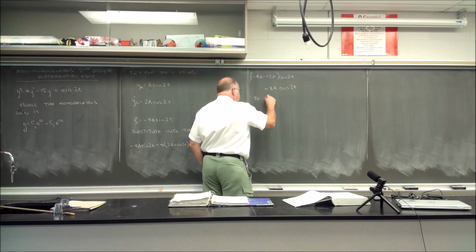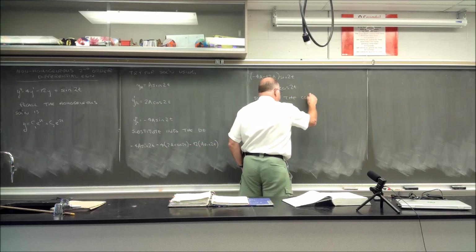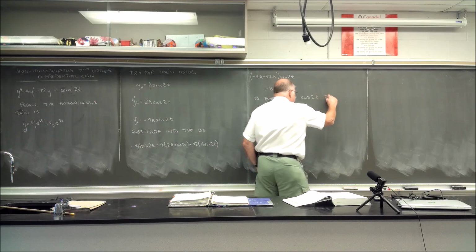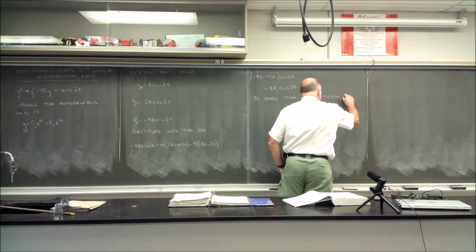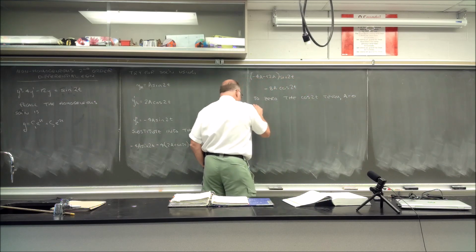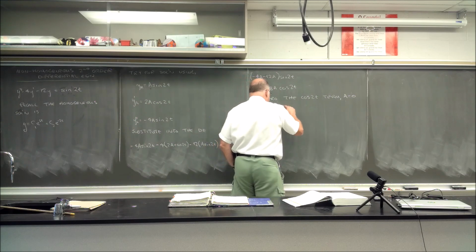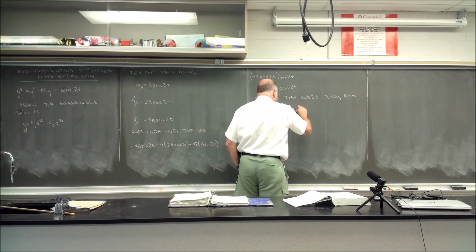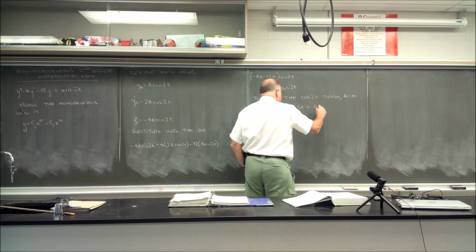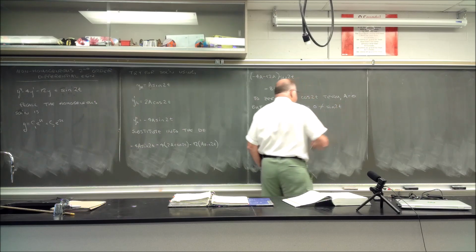Setting the cos 2t term to zero, a equals 0. But this would also imply that negative 16a sine 2t would also equal 0, and this of course is not equal to the desired sine 2t term that we have.